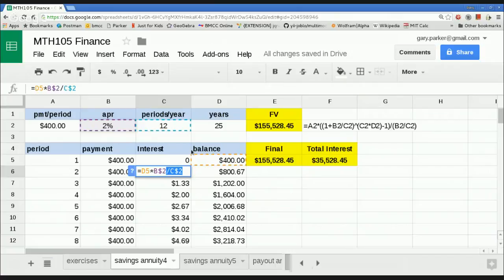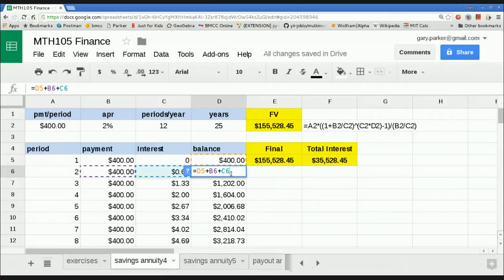Now, something to keep in mind, when I calculate the interest, the balance is changing each month, so that stays without $, that's relative. The APR and the periods per year, that's always in row 2, and so I had to put a $ to fix that to calculate the interest, and that's ready to fill down.